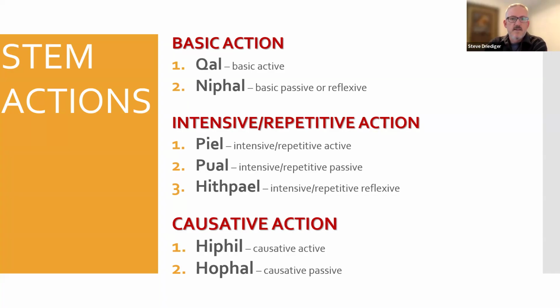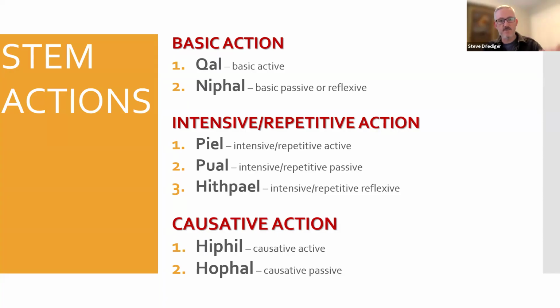Then if you get to the Hithpael, this one is probably most often a reflexive. While the Niphal stem can have a reflexive tone to it, the Hithpael is definitely reflexive. You might even call it that middle voice where I'm doing something with the intent to be acted upon by the thing that I'm doing.